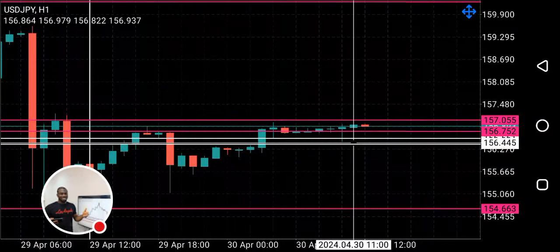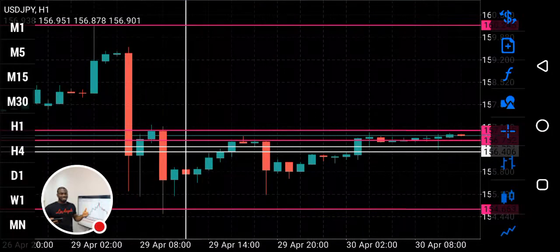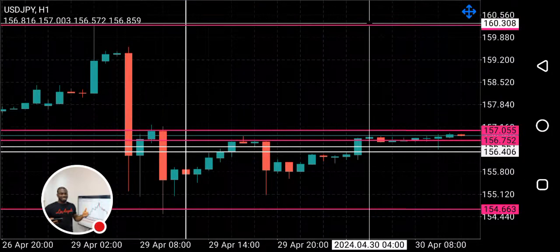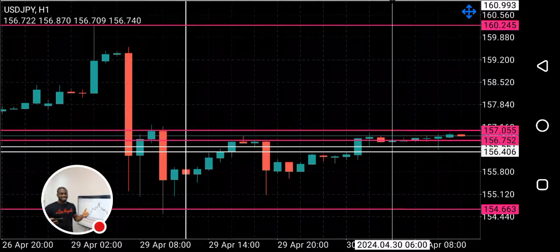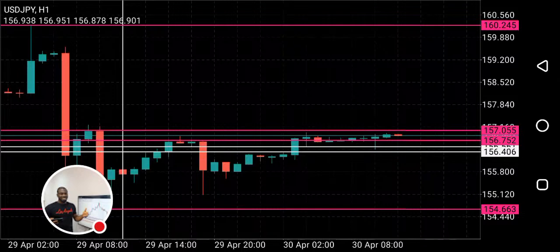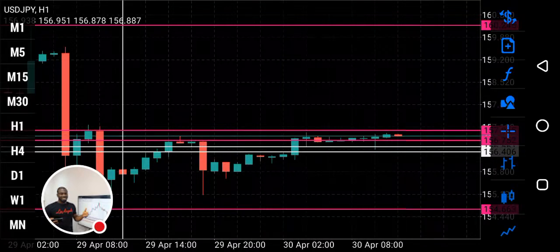That's not too bad, because if you're risking 70 pips and aiming for this level, which is 300 and something pips, you're risking 70 to 80 pips to make 300 pips. I think that is a good risk reward, right? That's my take on USD JPY. I'm still very bullish on USD JPY.